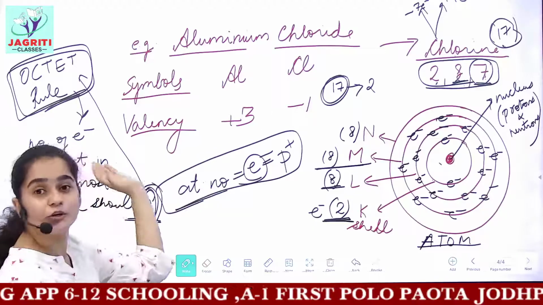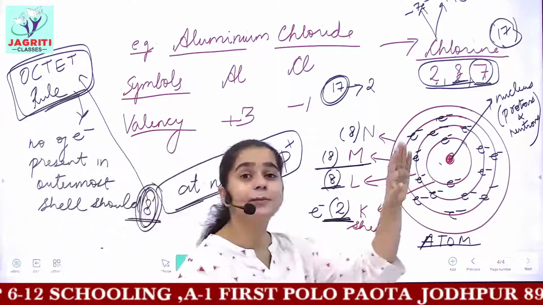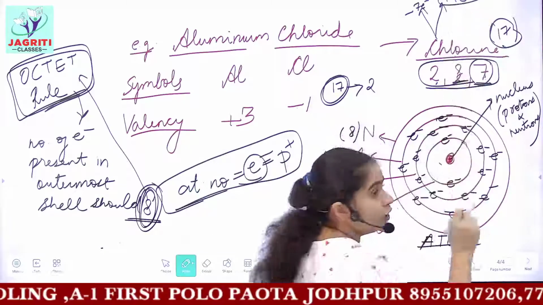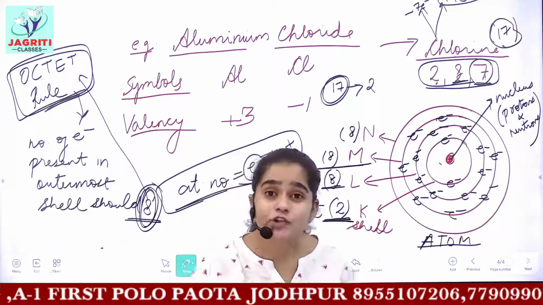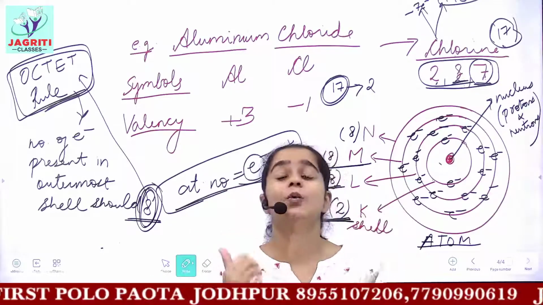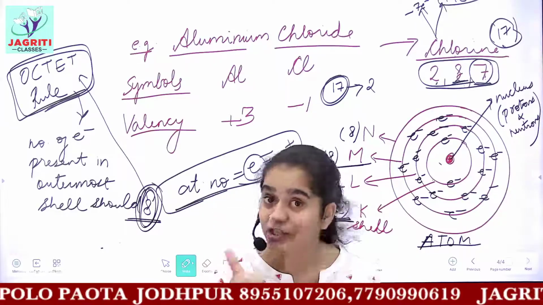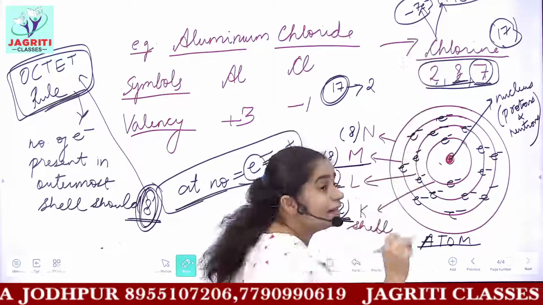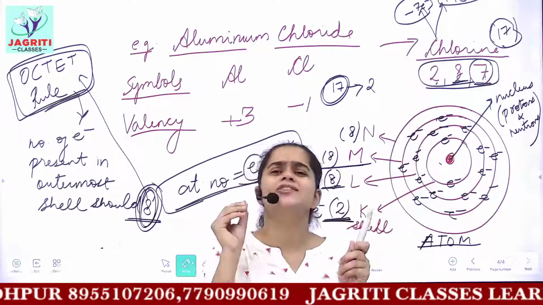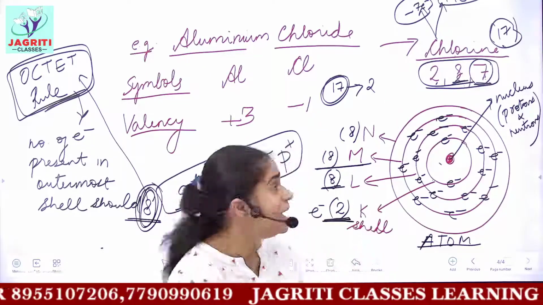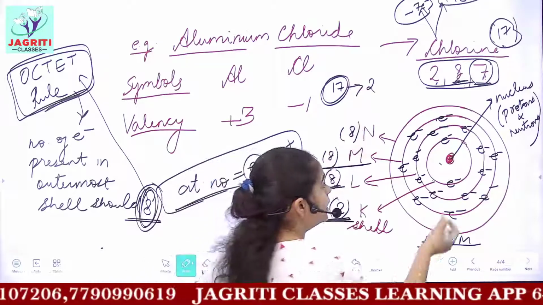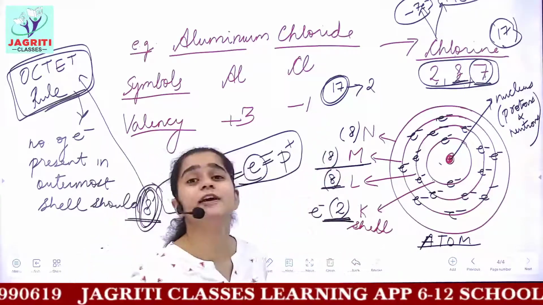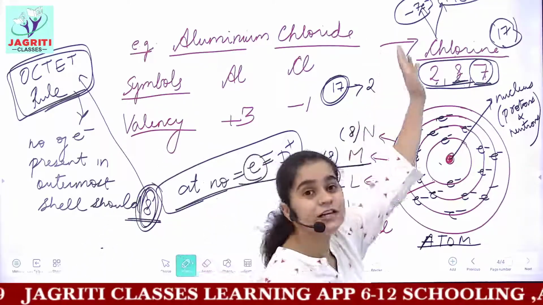But the chlorine atom favors which path? Of gaining 1 electron. Because gaining and losing of electrons require energy, and if you want to lose 7 electrons, you would require an extremely high amount of energy, and that would also disturb the proton-electron ratio. So it is not favorable to remove the 7 electrons.